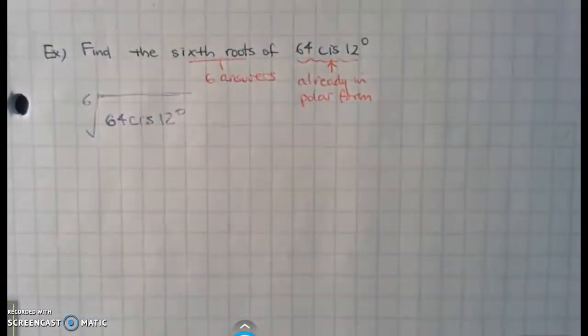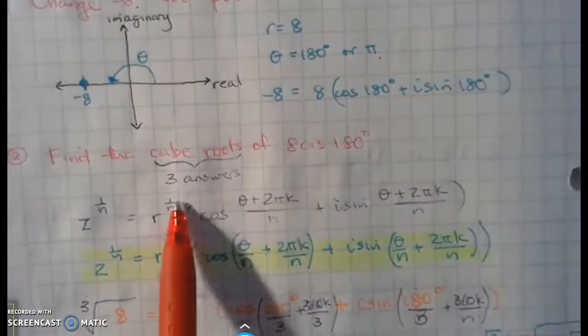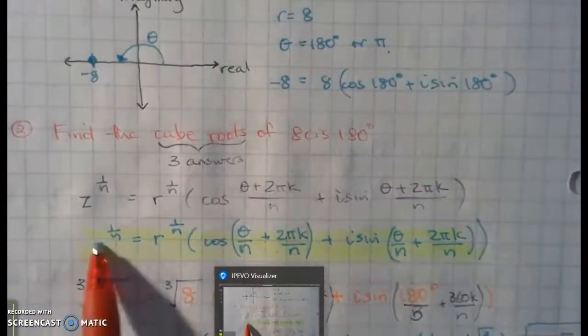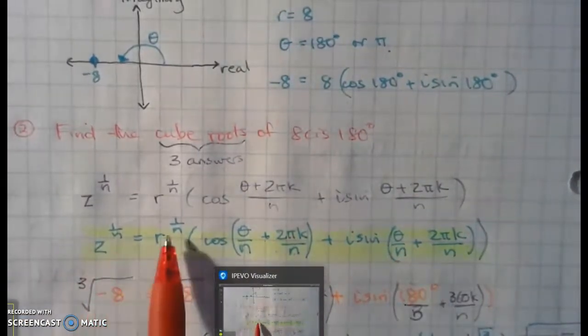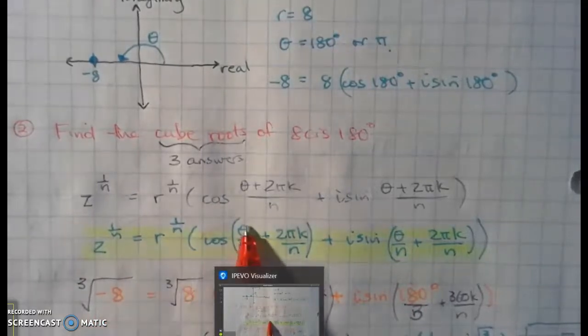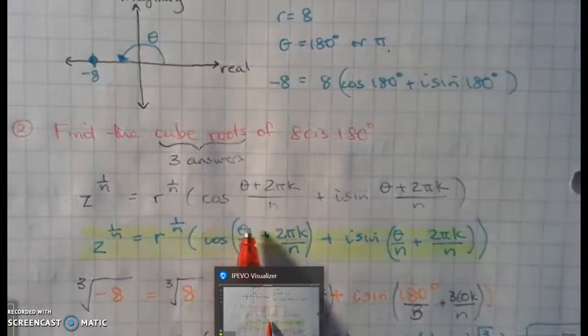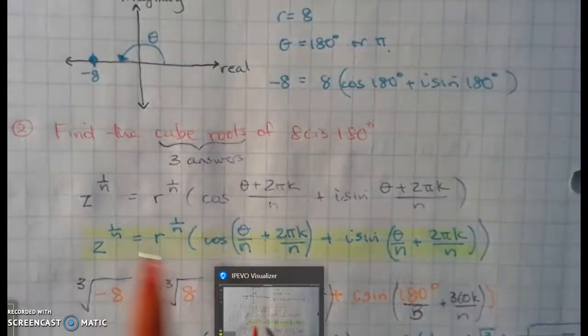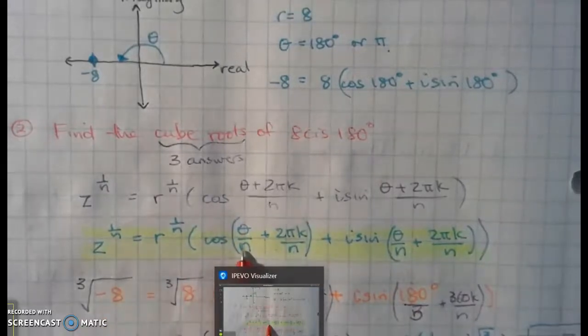If I go back to the formula here, this was the formula and this is my modified form. When I am taking the nth root, I need to take the nth root of the modulus, and then divide the angle in polar form by n. In this case, we're taking the 6th root, so n will be 6.